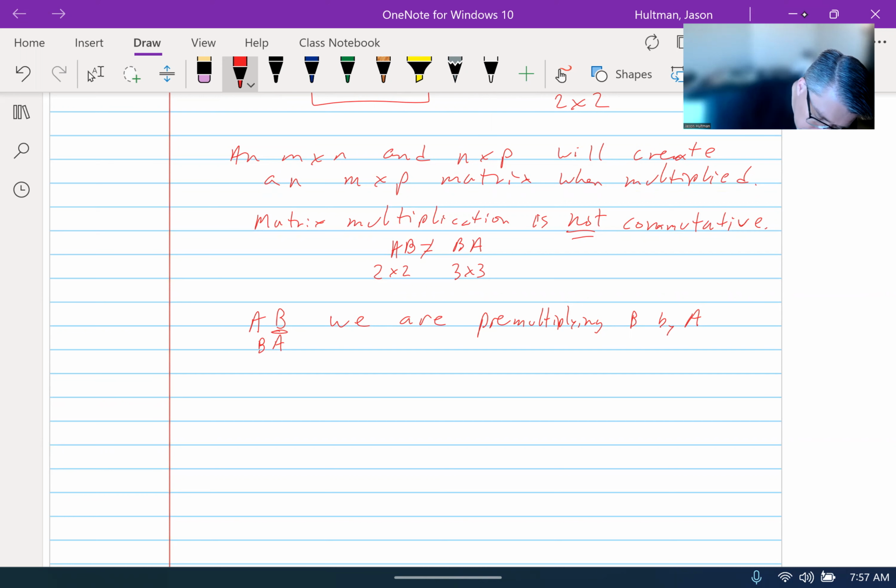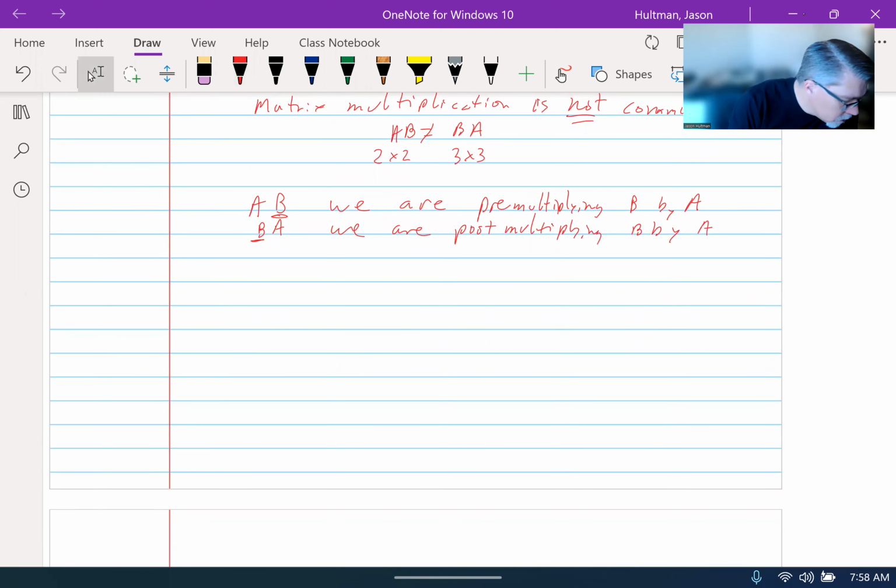The frame of reference is B. We can say that we are pre-multiplying B by A, or post-multiplying B by A. And then again, for AB, we could say that we are post-multiplying A by B. So again, it just depends on your frame of reference. Okay. It's just some terminology.